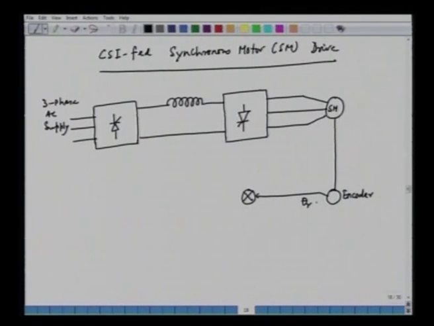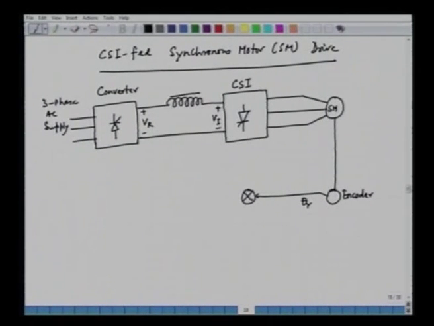Theta r is the rotor position, the position of the rotor, and then the CSI is, this is our CSI, and this is the converter or the control rectifier, and this is VR, and this is VI, and this is the DC link.